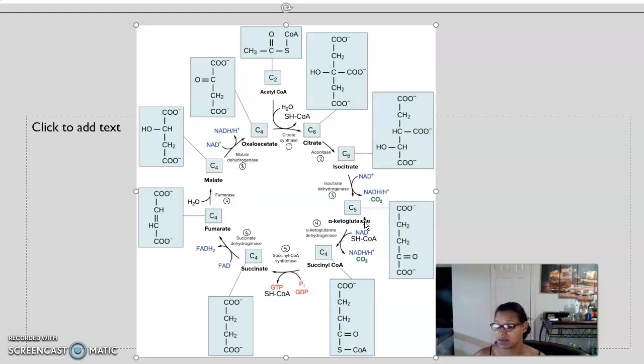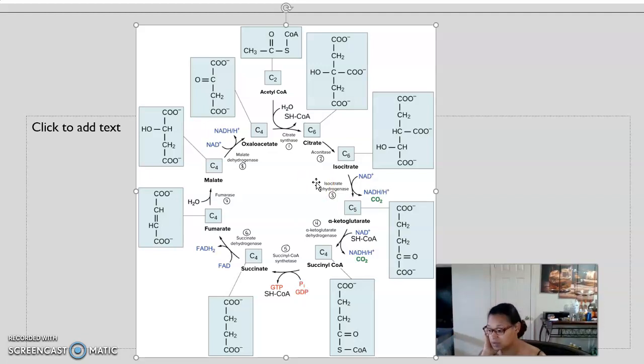During the Krebs cycle, there are several steps, and the first one is combining the 2-carbon acetyl group from acetyl-CoA with a 4-carbon oxaloacetate molecule to form a 6-carbon molecule of citrate.